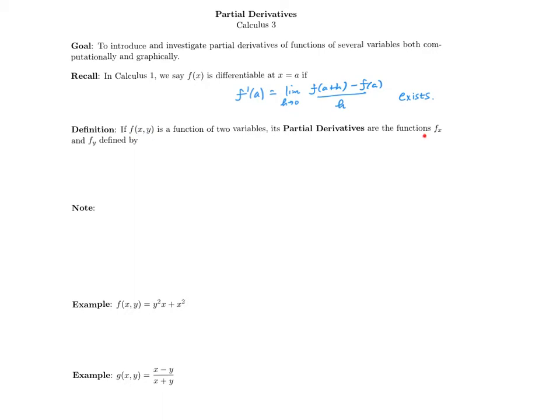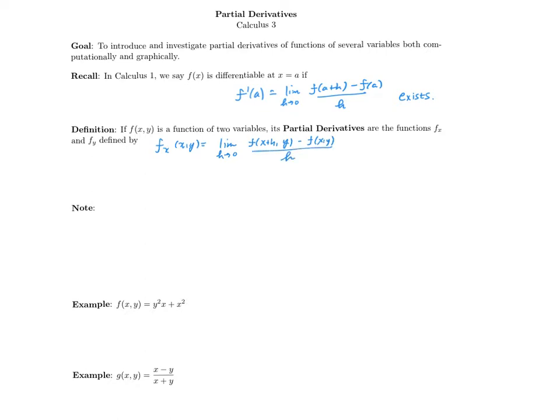And we are now ready to extend this idea to differentiate a function of two variables with respect to either variable. So a partial derivative with respect to x, or a partial derivative with respect to y. In terms of a technical definition, we will define the partial f sub x to be equal to, and this is going to be a derivative in the x direction, the limit as h approaches 0 of f of x plus h comma y minus f of x comma y all divided by h.